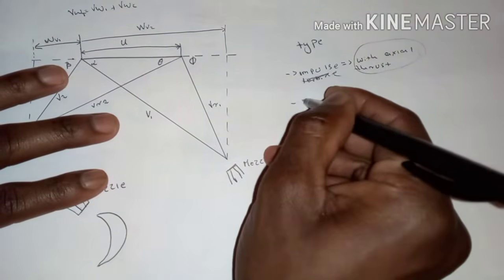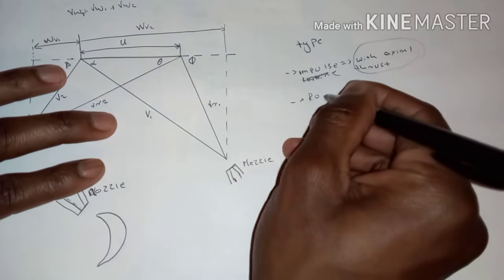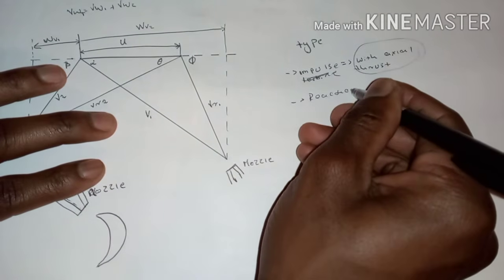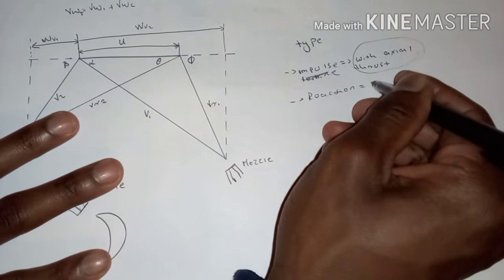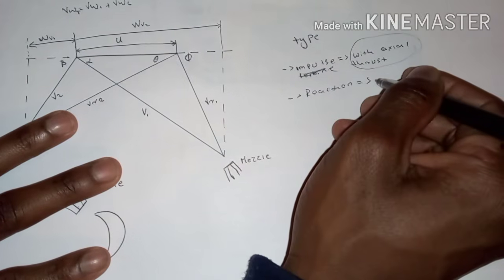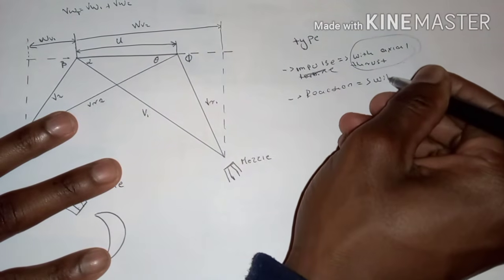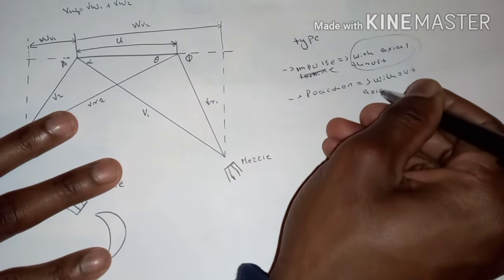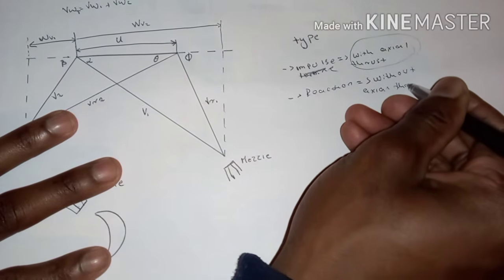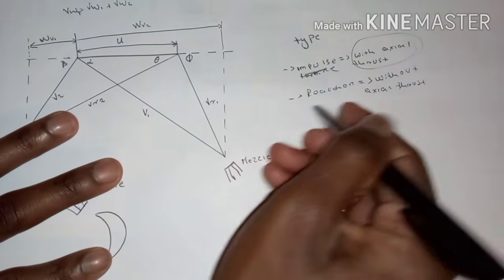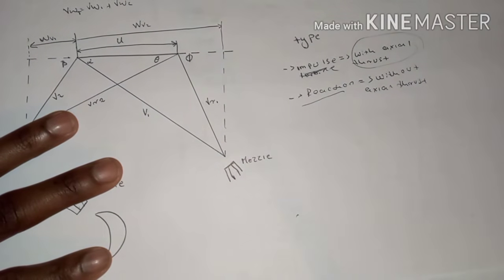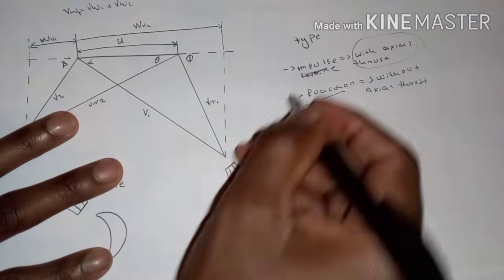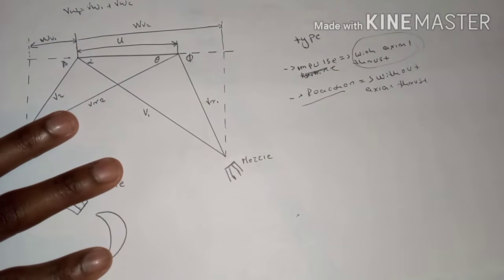And then we go to the next one, which is a reaction turbine, and they will tell you that it's a velocity diagram without axial thrust. Whether they tell you about a reaction turbine or a velocity diagram without axial thrust, you must know they are referring to the same thing.